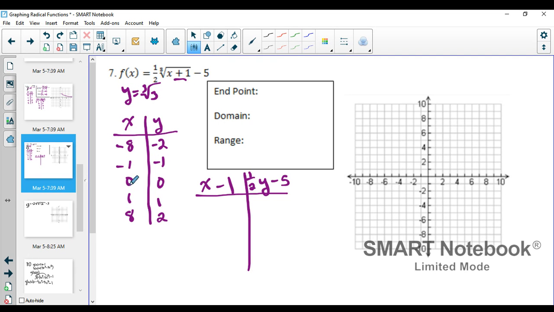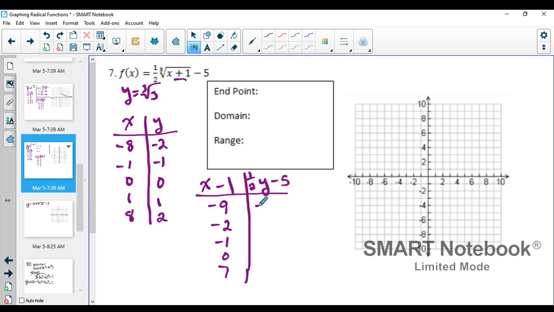So now you're going to use these x values and subtract 1 from them. So -8 minus 1 is -9. -1 minus 1 is -2. 0 minus 1 is -1. 1 minus 1 is 0. 8 minus 1 is 7. And you're going to plug these values in for y. So 1/2 times -2 is -1.